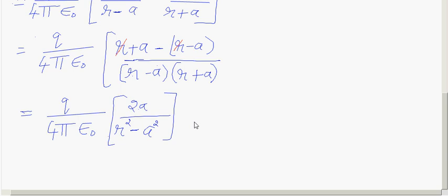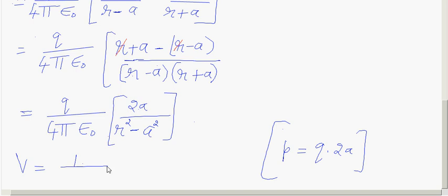And we know the dipole moment is given by p is equal to q into 2a. So replace q into 2a by p. We'll get V is equal to 1 by 4 pi epsilon naught into p divided by r square minus a square, where p is q into 2a.